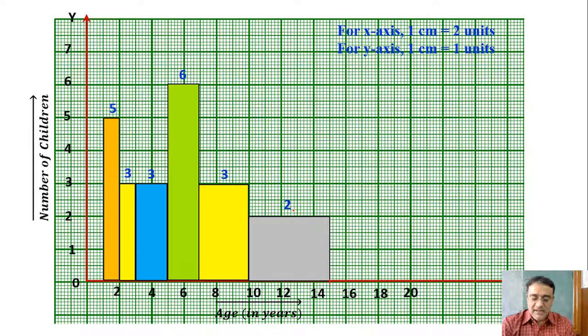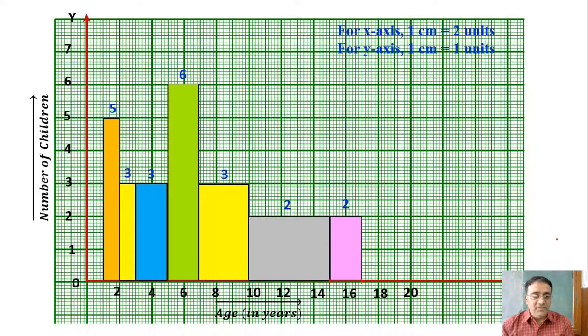Okay, and the last one is 15 to 17 यहाँ तक, and the adjusted frequency is 2. So this is the histogram. Any doubt here? किसी को कोई डाउट है? No, sir.